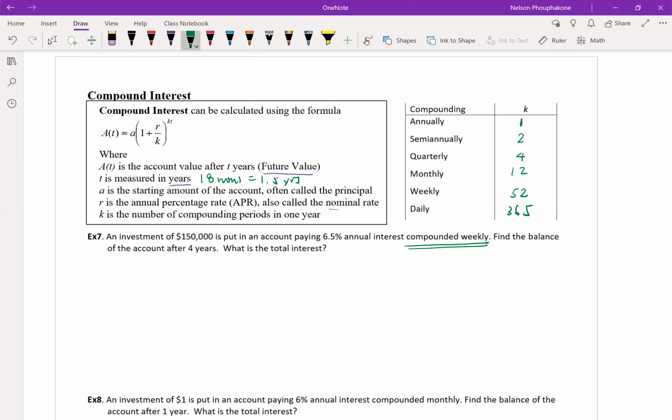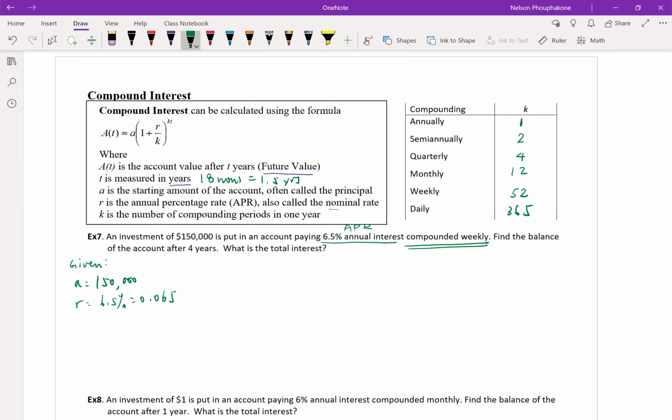So an investment, 150,000. So in this case, right away, I know that I have a given value. A is 150,000, right? It's put in an account paying 6.5% annual interest. So this right here is my APR, my nominal rate. So my r is equal to 6.5%, or converting into decimal, 0.065.